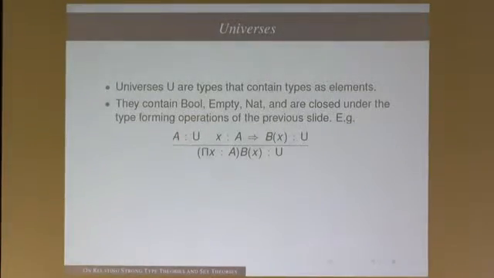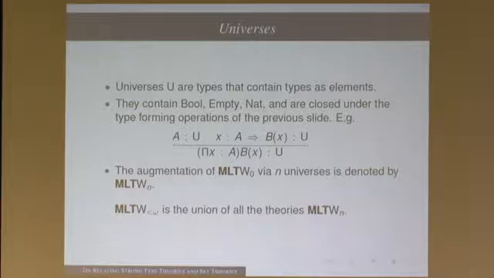So if you already have a type A in U, and you have a family of types indexed over A, such that Bx is also a type in U, then the product type is in U. So in some sense this is similar maybe to a regular cardinal, or even inaccessible.